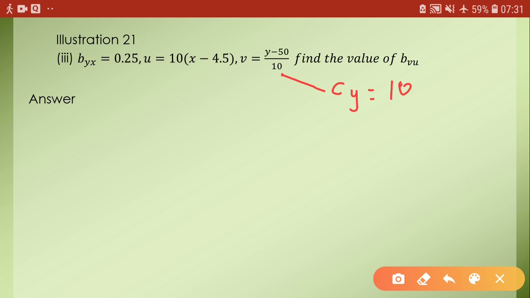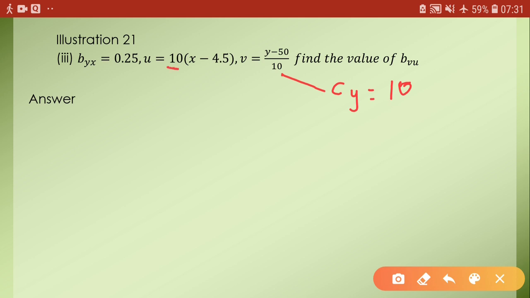What about Cx? Now you have to pay attention because here it makes the difference. There is no digit which is divided. You will think that sir, if nothing is divided then Cx is 1. No. See here, 10 is multiplied.